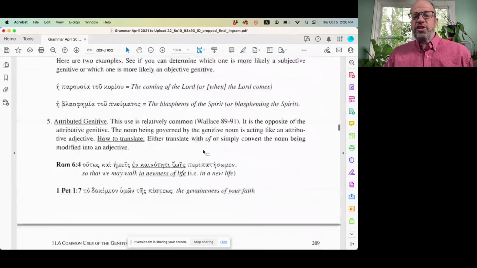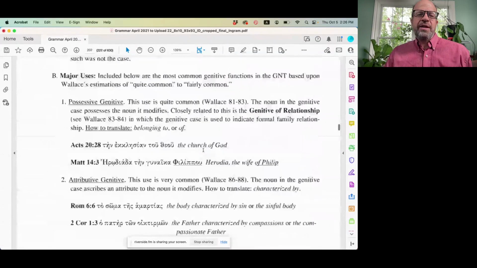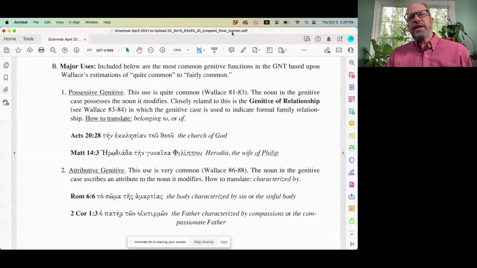We could have talked about genitive of time as well. Genitive of time is consistent with the meaning of the genitive case, and that is a quality of time. So genitive of time is stressing the description, the quality of time, and usually it's like, for example, Nicodemus came to Jesus in the night or at night.